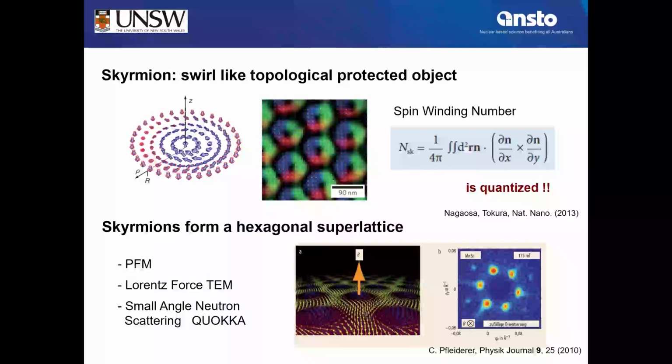Just a side note, Christian Pfleiderer is giving a talk about that from the Munich Research Reactor this evening here, 7 o'clock Australian time and 11 o'clock German time. He is currently the director of the Munich Neutron Reactor, just if you're interested in that.